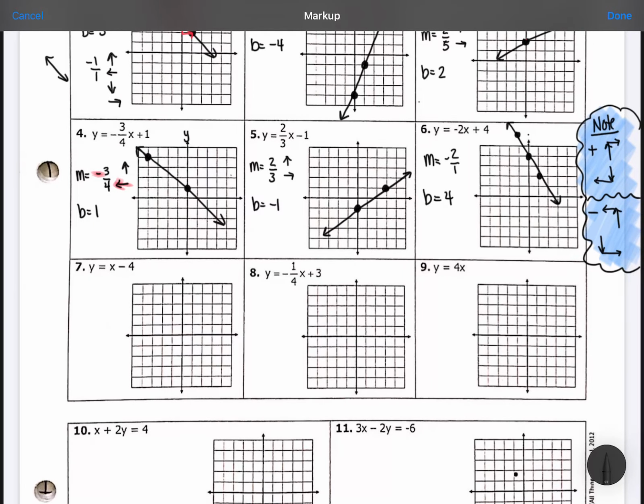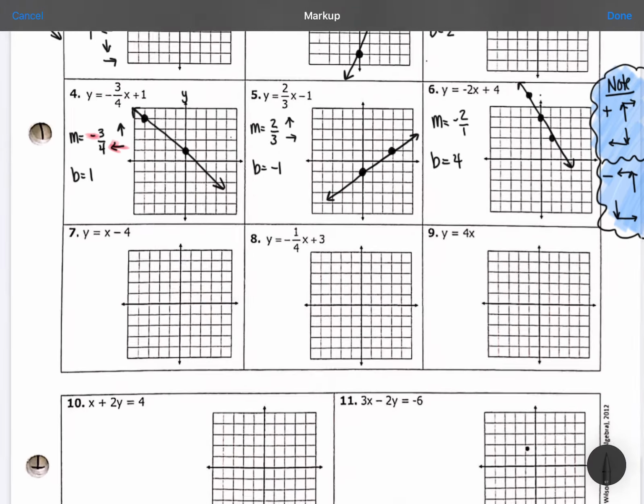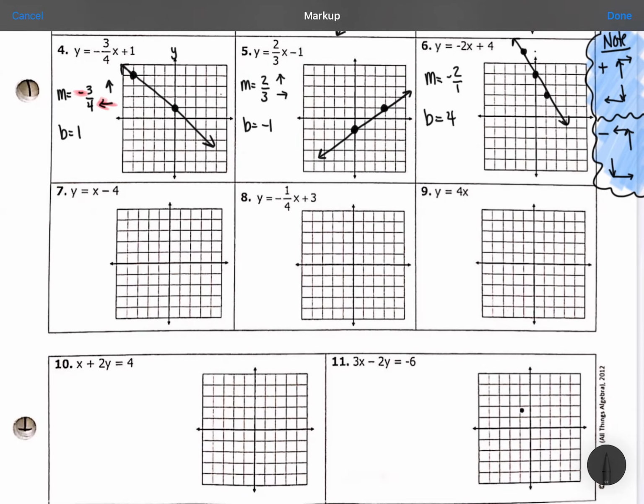All right, so you can try number 7, 8, and 9. And once you try 7, 8, and 9, you can check your paper. Make sure you write down what your slope is and your y-intercept. And then unpause the video and check your work to see if you are correct.